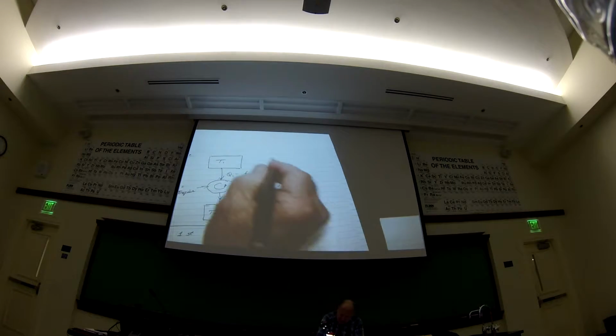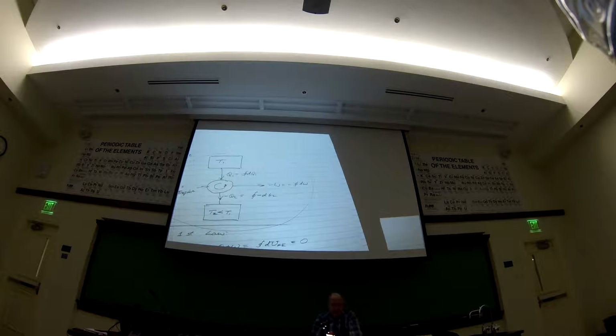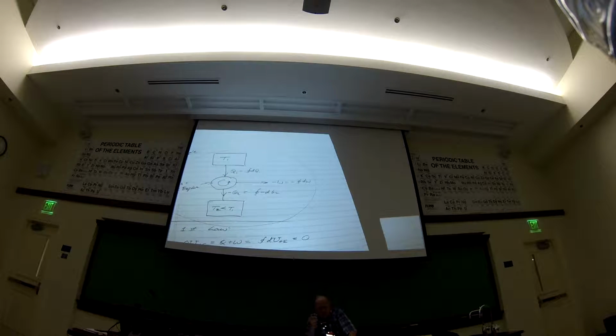It's our isolated system. This is our mini universe here. So tell me, delta S for a closed cycle is delta S of this heat reservoir plus delta S of this heat reservoir plus delta S of the system.